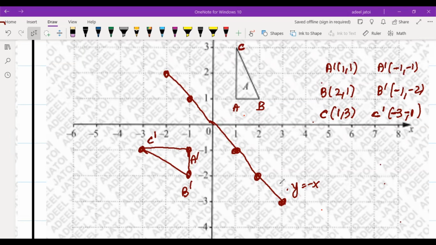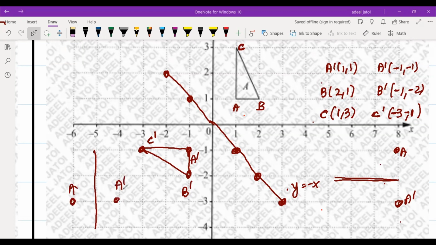So whenever we have y is equal to minus x reflection line, the coordinates are interchanged as well as the signs, keeping that in mind. But remember, when you have a horizontal reflection line, you will always have the horizontal reflection. Similarly, if you have a vertical reflection line, you will have vertical reflection.